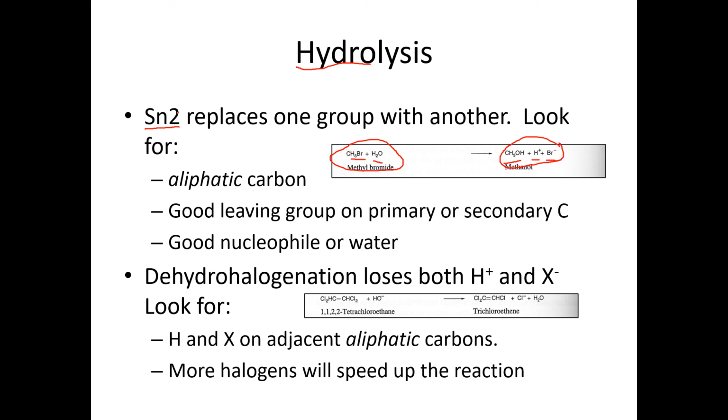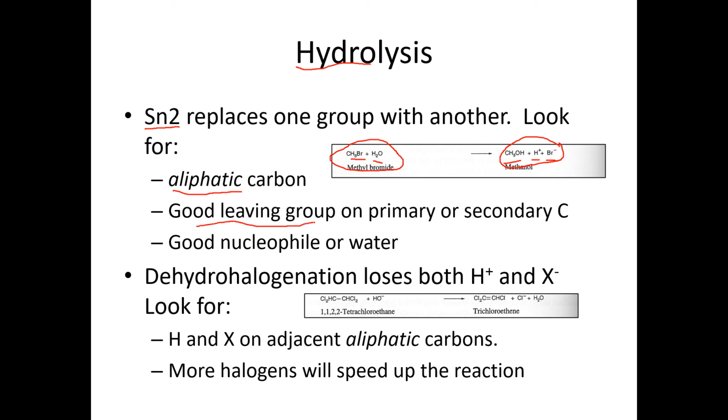So SN1 and SN2 type reactions occur on aliphatic carbons, right? Aliphatic carbons are carbons that have 4 bonds to 4 different other things, and they are what we call sp3 hybridized carbons. Now, to have an SN1 or SN2 type reaction, you need a good leaving group.